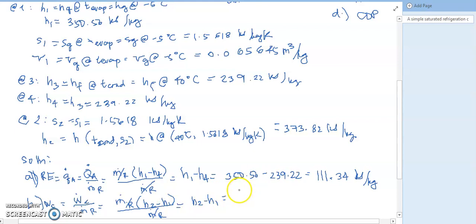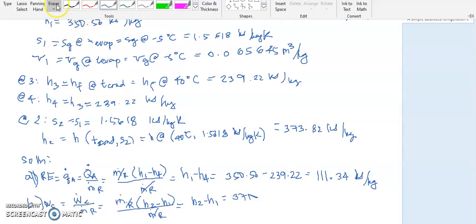H2, I have 373.82, sorry for that. Okay, barahin lang natin.